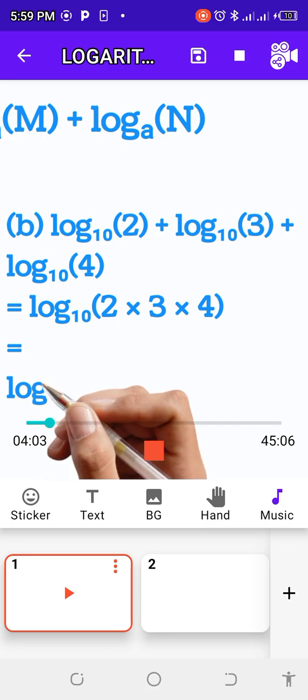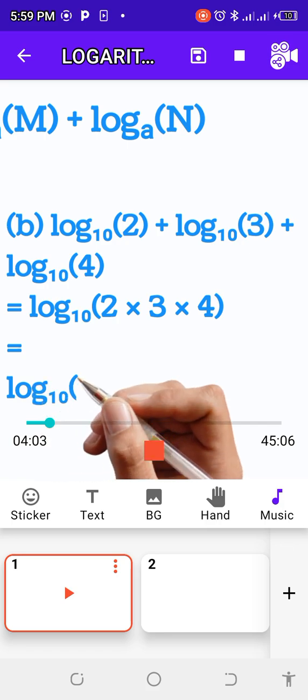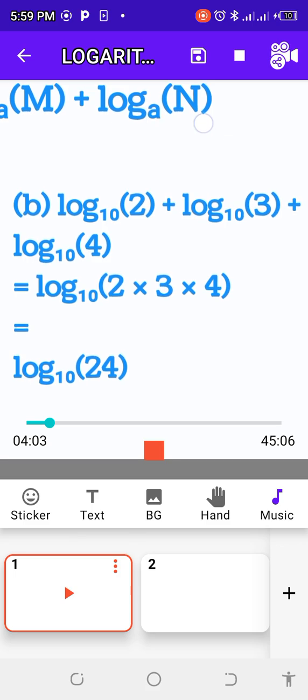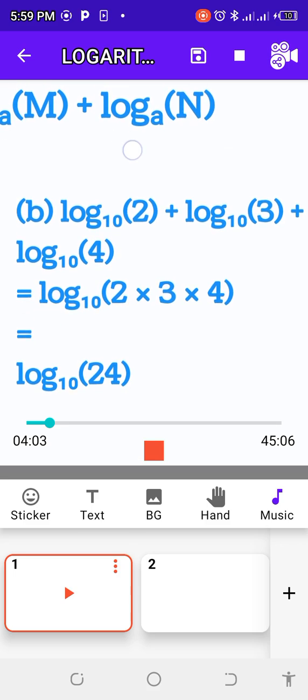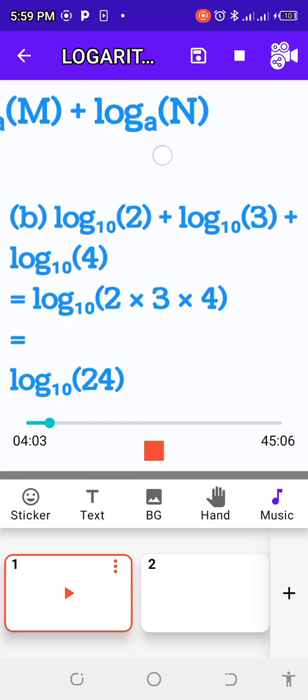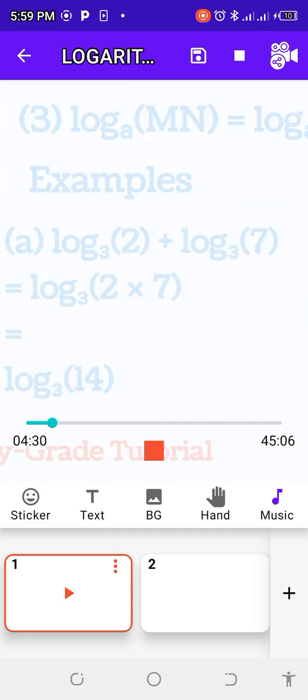And that will give us log 24 in base 10. To multiply logs, add them. To add logs, multiply them, provided they are on the same base.